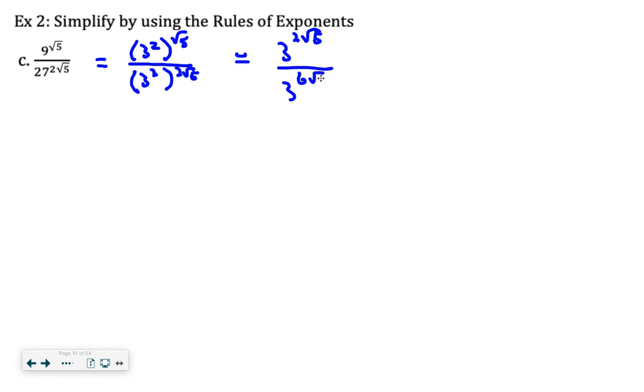Now, since I'm dividing, I can subtract my exponents. So 2 square root of 5 minus 6 square root of 5 would be negative 4 square root of 5. But generally, we don't want to leave our answers with negative exponents, so I can then rewrite this as 1 over 3 to the 4 square root of 5 power.